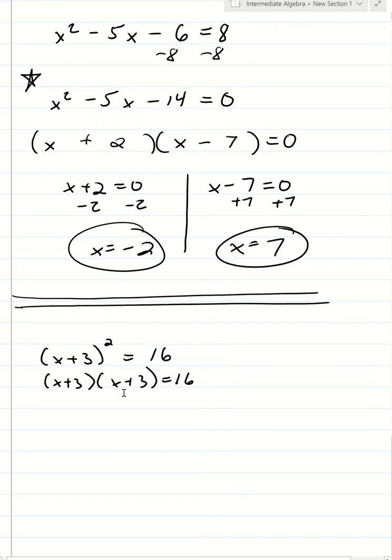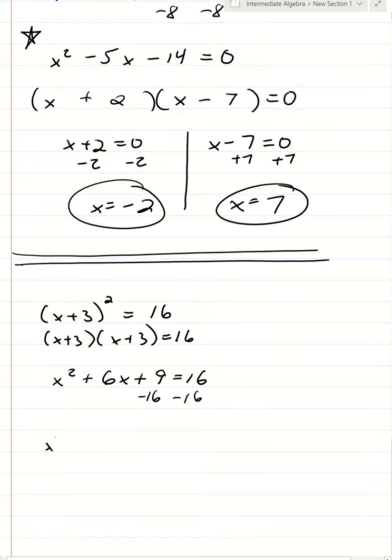If I do that correctly, I would get x squared plus 6x plus 9 equals 16. Remember, we want to be able to use the zero product property, so I'm going to subtract 16 on both sides. And therefore now we would have x squared plus 6x minus 7 is 0.